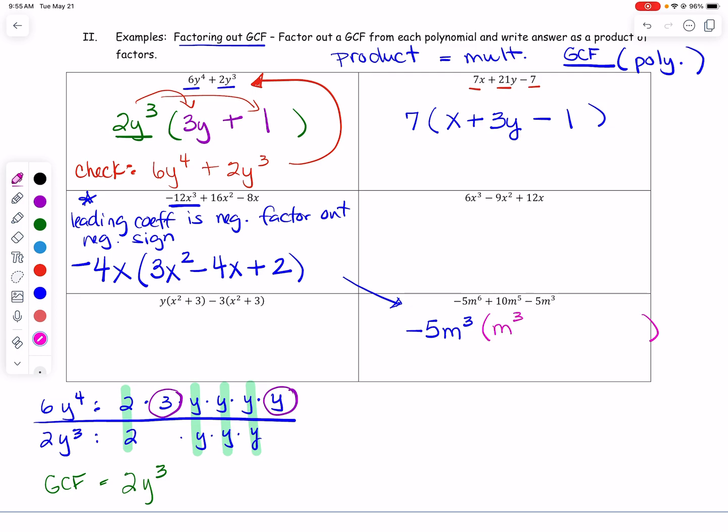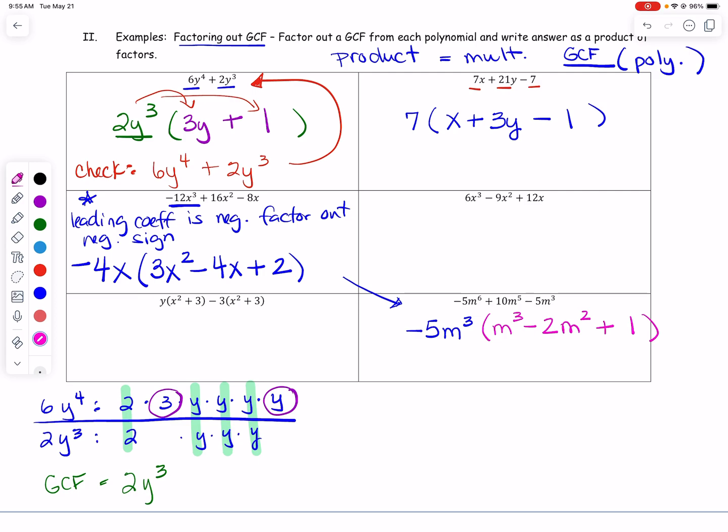And it's a 1, but we don't write the 1 in front of the variable. Positive 10 divided by negative 5 is negative 2. m to the 5th divided by m to the 3rd is m to the 2nd. And then negative 5m cubed divided by negative 5m cubed is positive 1.